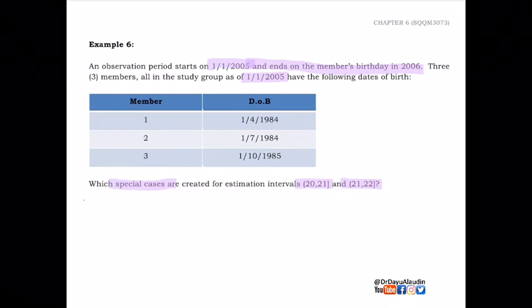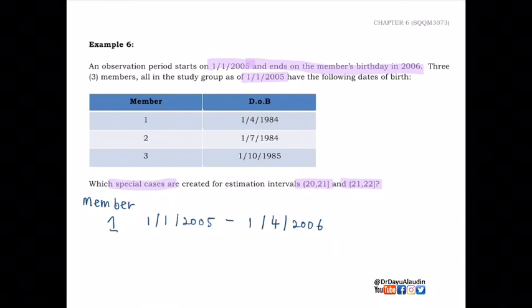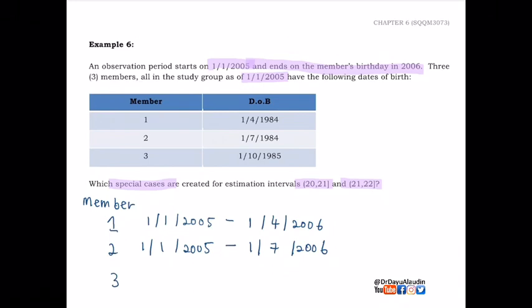So member 1 joined 1st January 2005 and exits at 1st April 2006 because we follow the date of birth, which is 1st April in 2006. Member 2 still has the same date of join until 1st July 2006.